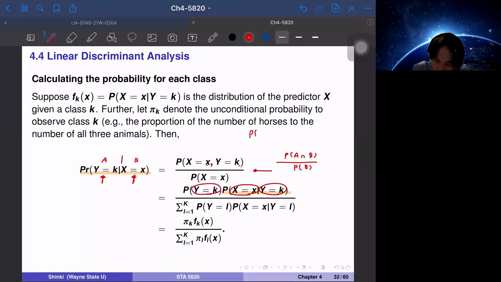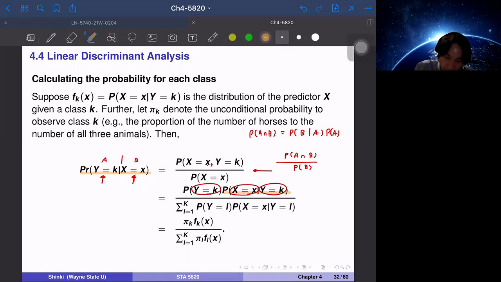The probability of A intersection B is always the probability of A given B times the probability of B. Maybe the other way is more consistent: B given A times the probability of A. Anyway, in general, that is true.